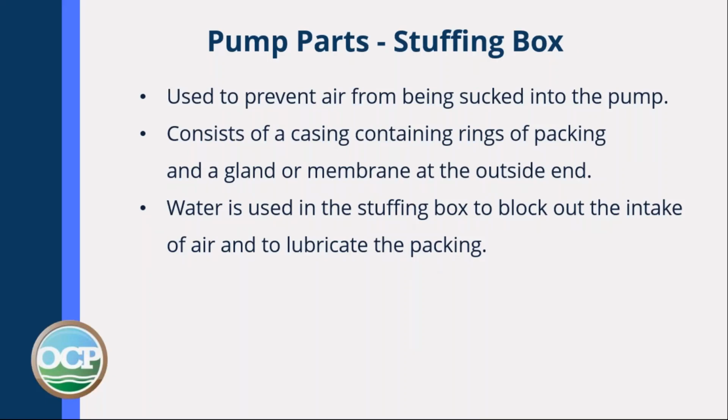The stuffing box is used to prevent air from being sucked into the pump. It consists of a casing containing rings of packing and a gland or membrane at the outside end. Water is used in the stuffing box to block out the intake of air and to lubricate the packing.